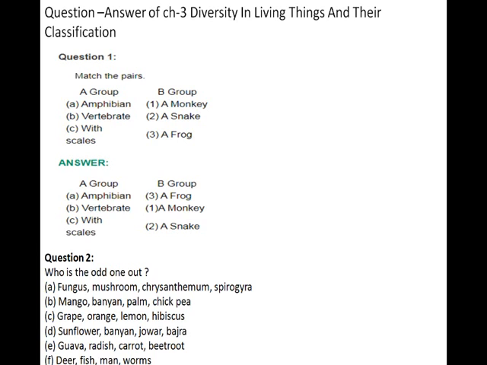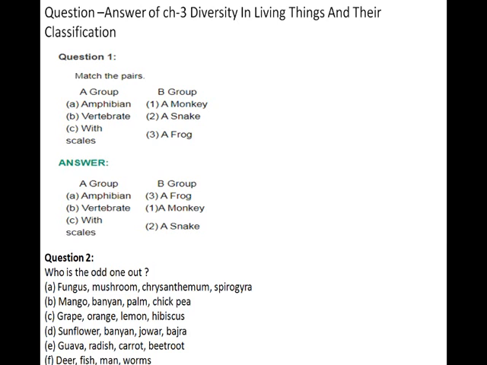Okay, so the first question you will see is match the pair, and there are two separate groups given, A group and B group. In the first group: amphibian, vertebrae, with scales, and in the second group the options are a monkey, a snake, a frog. What you have to do is match which animal comes in which group. So first is amphibian.